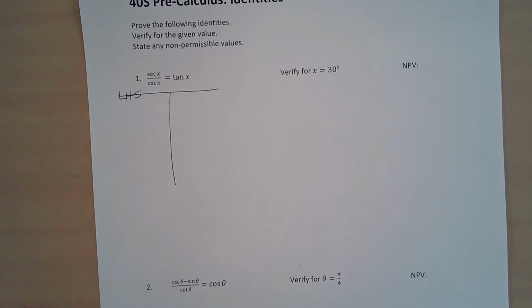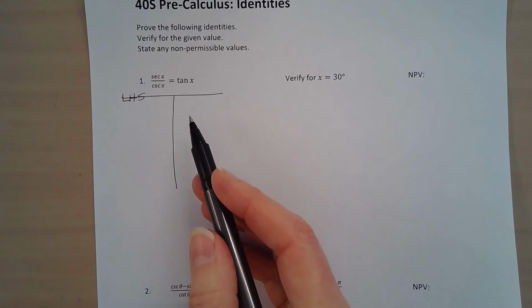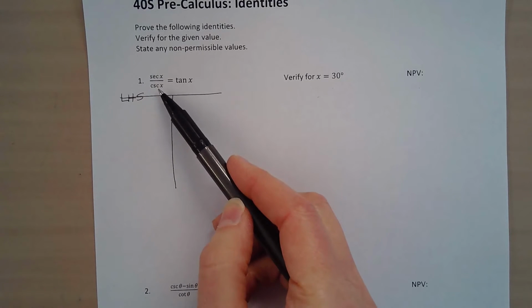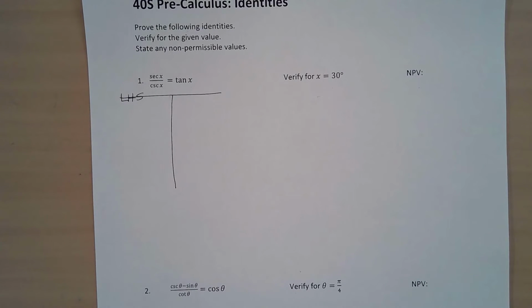On the left-hand side, I see secant divided by cosecant, and I have to convert that to a tan. So I have a reciprocal function divided by another reciprocal function. What would you do first to simplify this to tan? What do you think you would do? Turn it to cos?